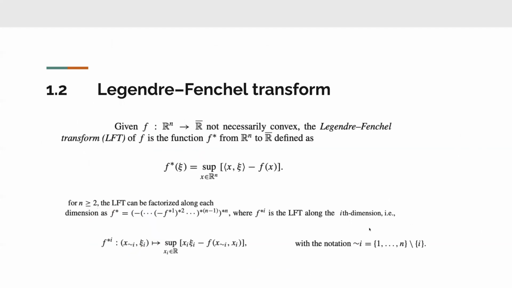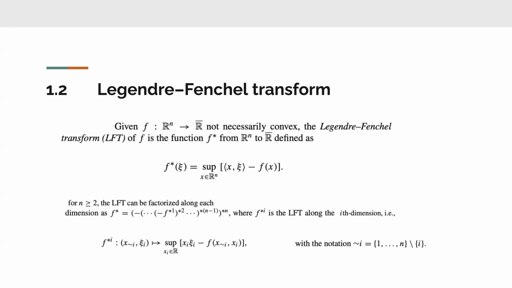Right. So now we'll look into what the Legendre-Fenchel transform is. Given a function that's defined as such, this is how we find the Legendre-Fenchel transform, and we represent it as f star. So f star is now a closed convex function, and if you apply this LFT to f star, which makes it f double star, that is the closure of the convex envelope of the function f.